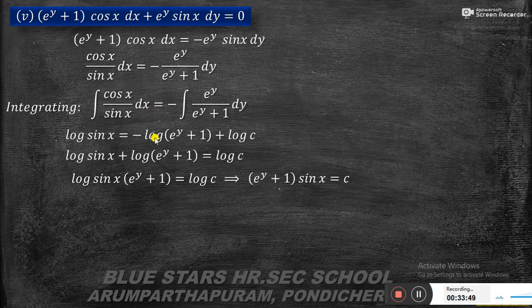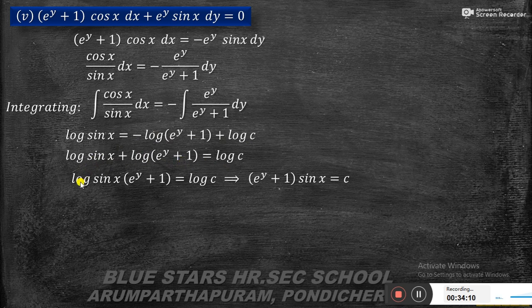The differentiation of the denominator is e^y, so we write minus log of (e^y + 1) plus the constant log c. In the next step, log sin x plus log (e^y + 1) equals log c.